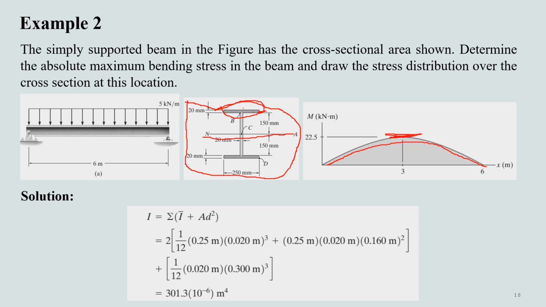For this rectangle it is 160 mm, and for this rectangle it is also 160 mm, and for this central rectangle, its centroid coincides with the centroid of the cross section, so we do not have any d. Then by simply adding all these values, we have come up with this value of the moment of inertia of this cross section.